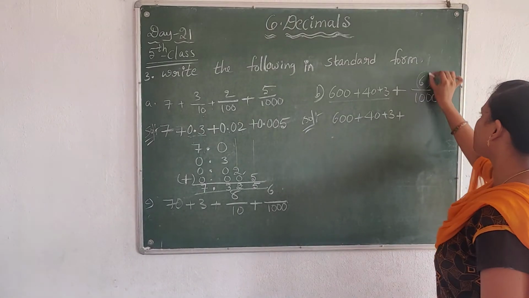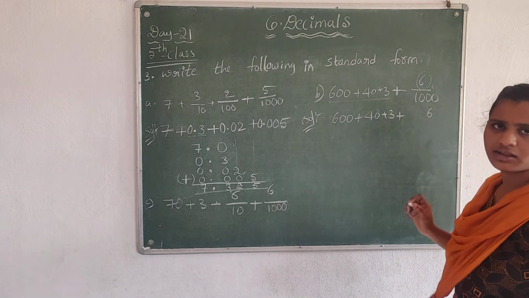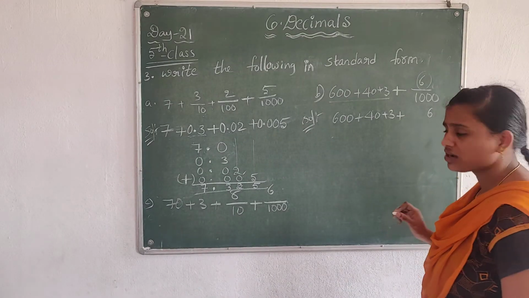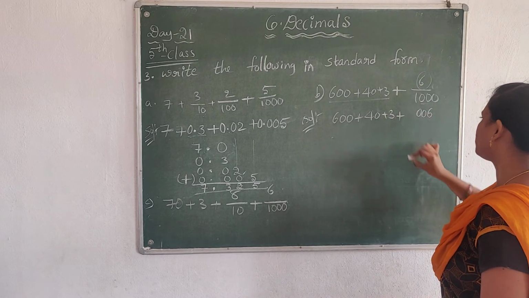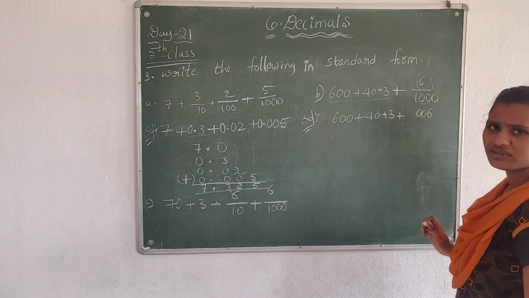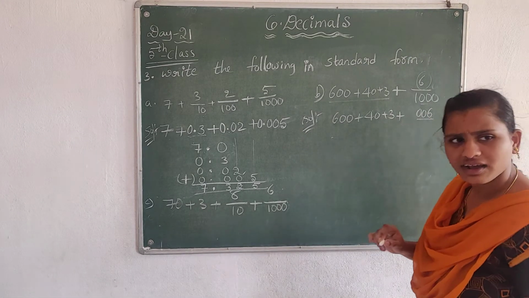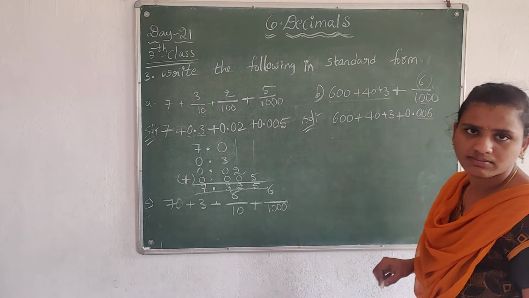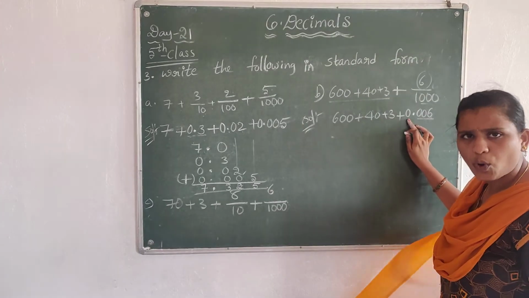That's why first take the numerator and see we have only one digit. We need 2 more digits, right? So we already have one digit. We want 2 more, so you keep zeros in the 2 digit places. First one is 6, 0, 0. 3 digits are completed. Before it you put the point and take 0.